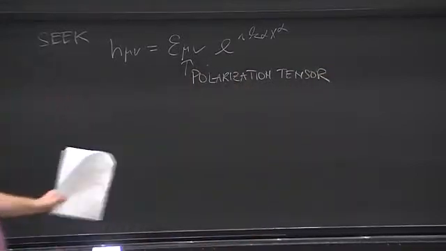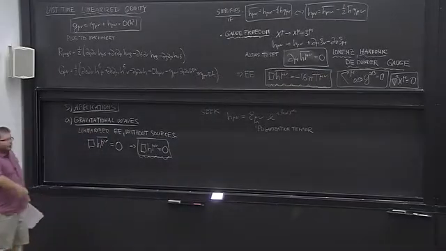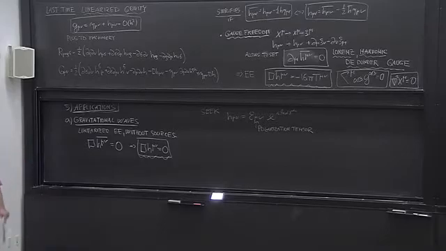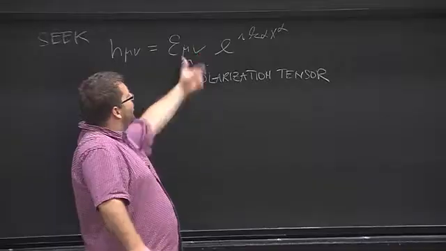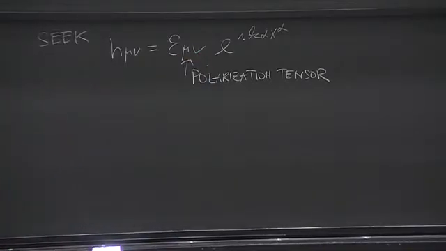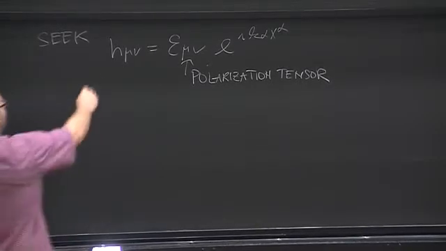And of course, this is just one special solution. If I wanted the complete solution, I would have to make the sum over all these k modes. I would let epsilon mu nu depend on k, and then I would basically have the Fourier transform. All right. But anyway, that's our ansatz.